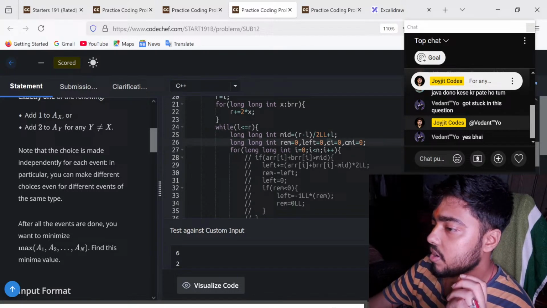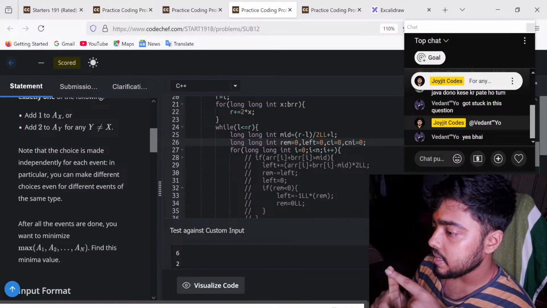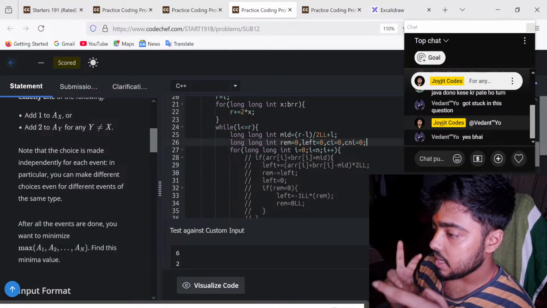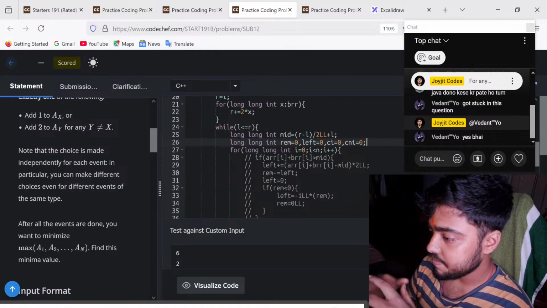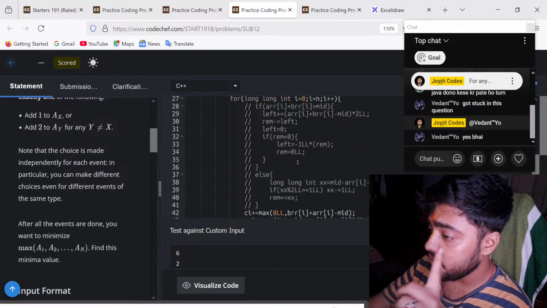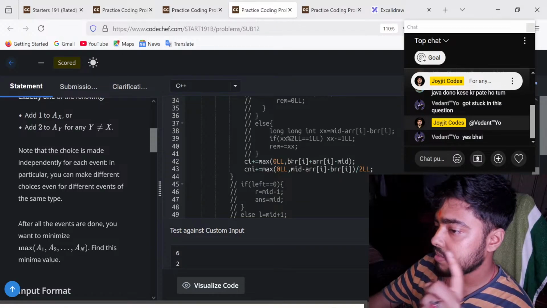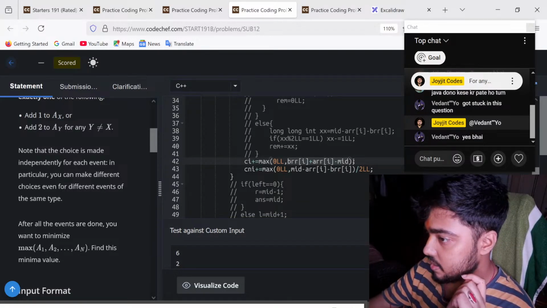What is CI and what is CNI? CI is can increment. CNI is cannot increment. What do I mean by that? See, notice one thing what we are doing. Can increment is whichever is maximum, this or BR of I plus 1 plus this minus mid.